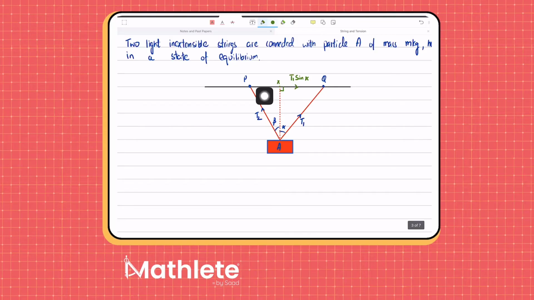Just like that, can you tell me the horizontal component of T2? Question for you guys. T2 sine beta. Yes, T2 sine beta.